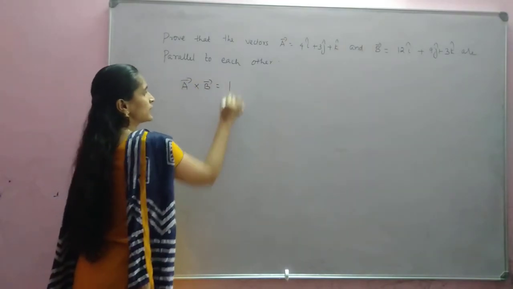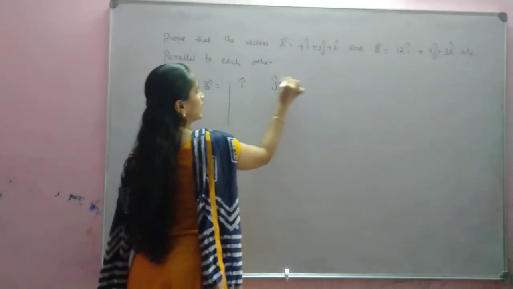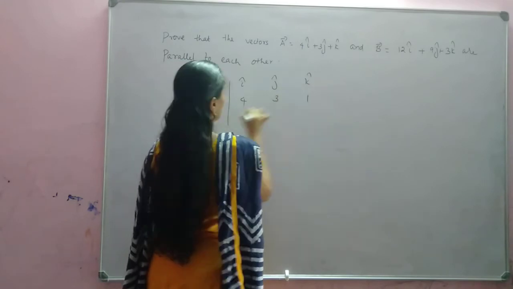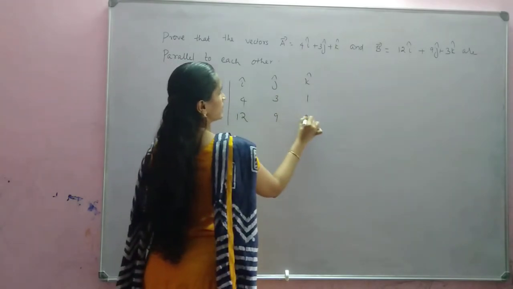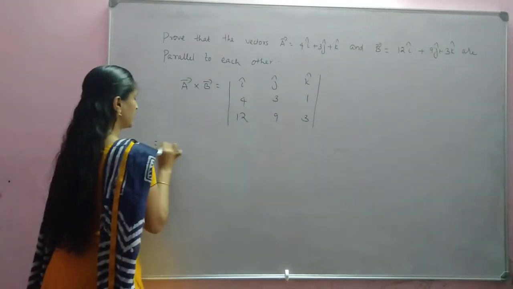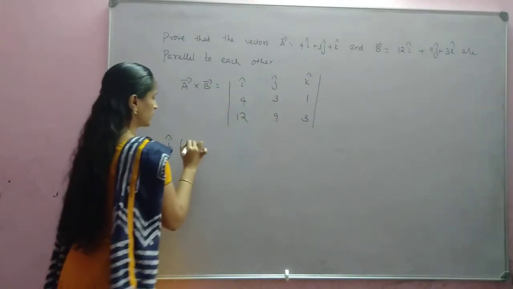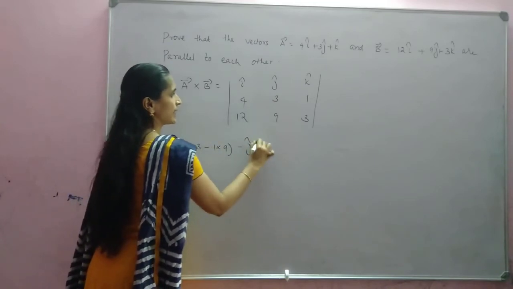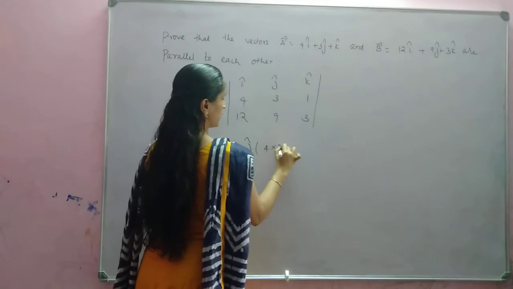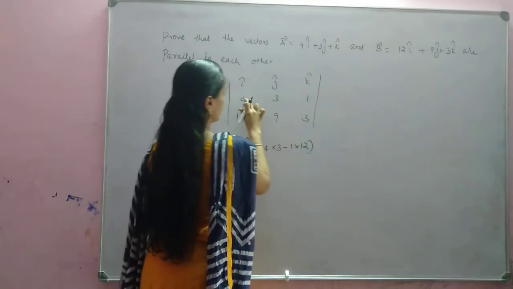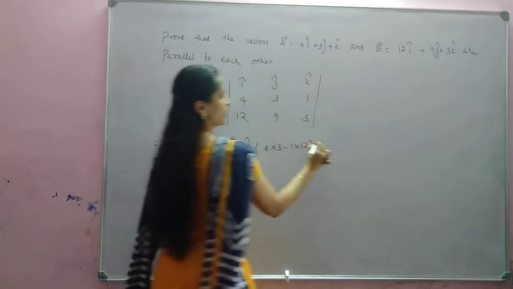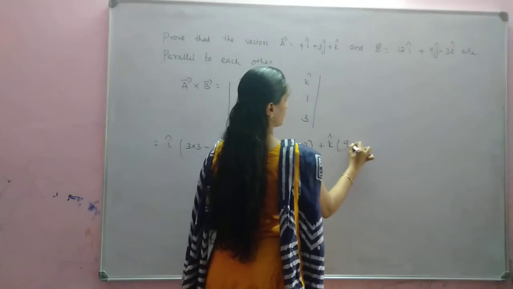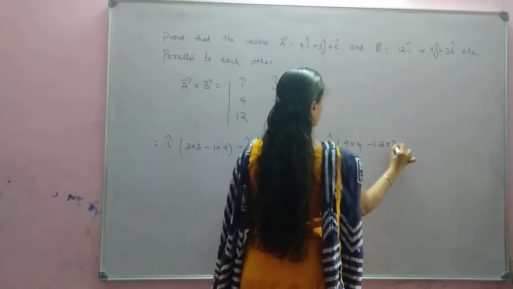So A cross B is equal to the determinant i cap, j cap, k cap, 4, 3, 1, 12, 9, 3. So i cap into 3 into 3 minus 1 into 9, minus j cap into 4 into 3 minus 1 into 12, plus k cap into 9 into 4 minus 12 into 3.